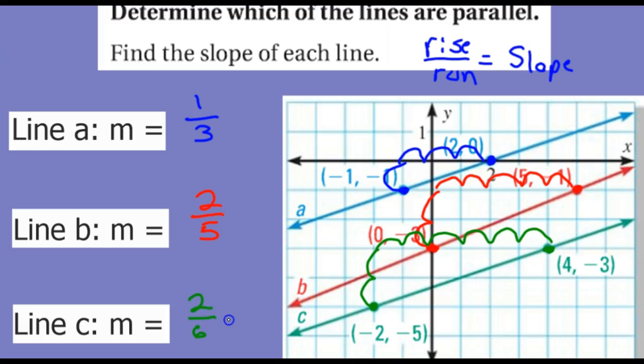But I can simplify this down by dividing each by 2. 2 divided by 2 is 1. 6 divided by 2 is 3. Now look, I have 1 over 3 here and 1 over 3 here, which means that line A and line C are parallel. So I can write that A and C are parallel.